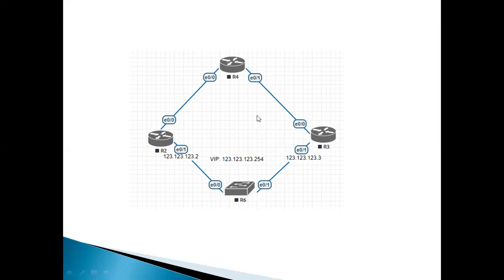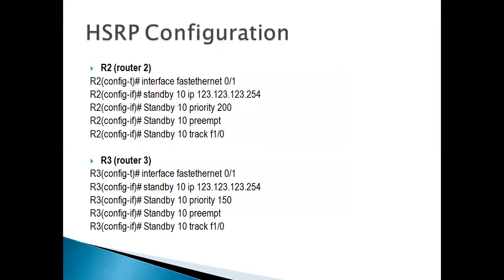I'll explain that in my next slide, about the topology and how it works operationally. Here is the HSRP configuration. I just put the basic understanding of the HSRP configuration on the router, but this lecture is only for the theoretical part. For the practical, I will explain in the next lecture. I'll prepare the next lecture and upload it as soon as possible.